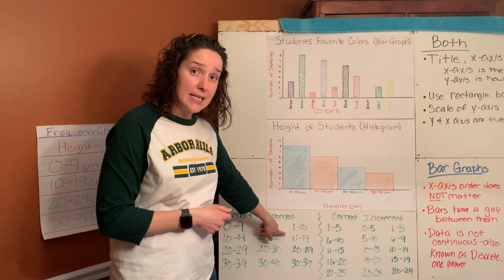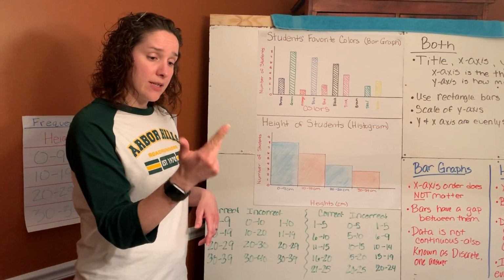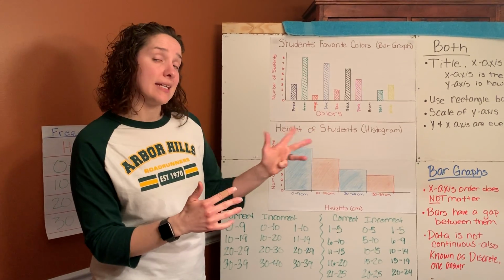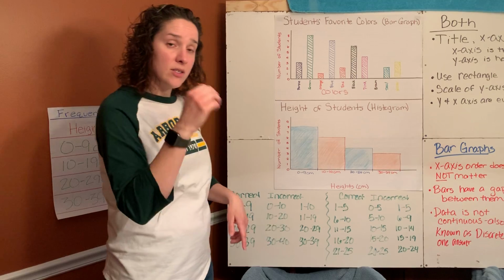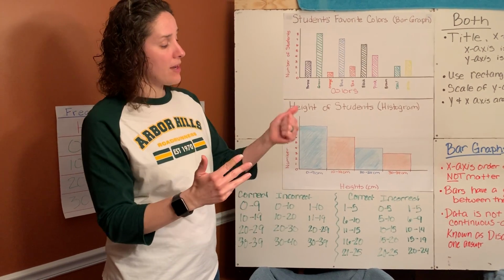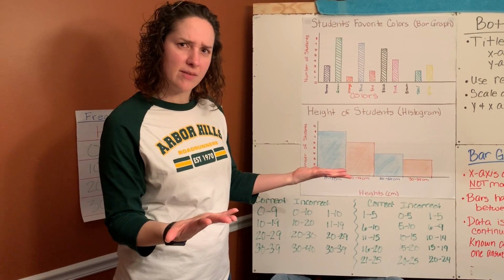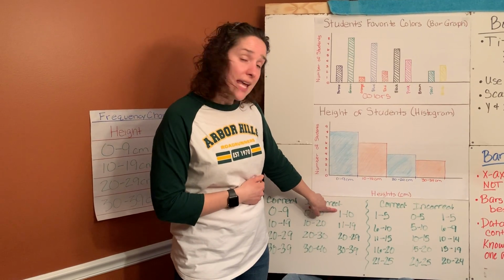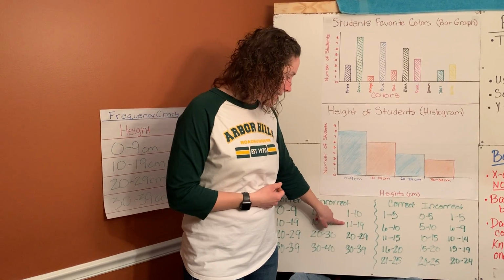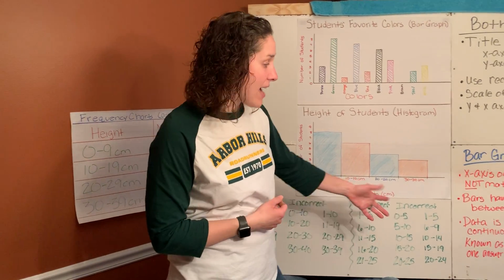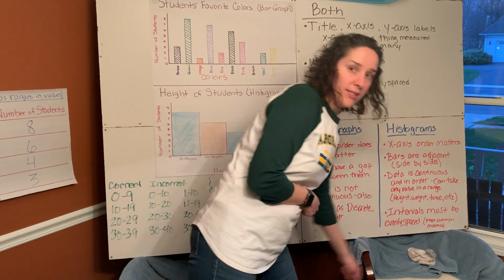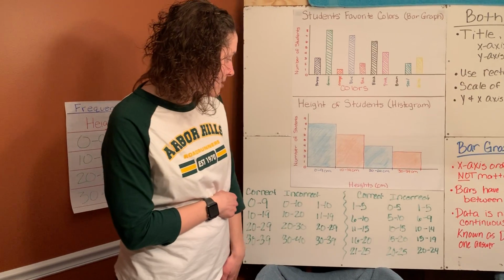But 11 to 19, 11, 12, 13, 14, 15, 16, 17, 18, 19, that's only 9 pieces of data. 20 to 29, 20, 21, 22, 23, 24, 25, 26, 27, 28, 29, that's 10 pieces of data. I can't have 10 pieces of data, 9 pieces of data, 10 pieces of data, 10 pieces of data. They have to be evenly spaced, just like we talked about in those previous books.